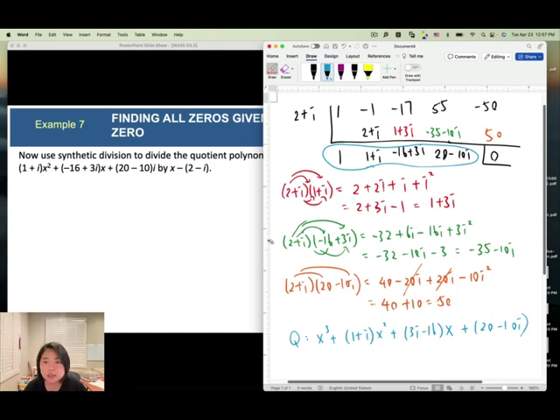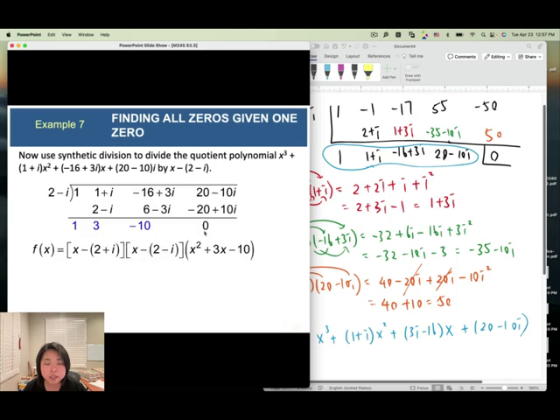Okay, you're going to do the same thing here. Okay, you're going to get the 0 also. So you factor out, you do have a first factor x minus parenthesis 2 plus i and x minus parenthesis 2 minus i here. And then this guy, that will be the quotient, x squared plus 3x minus 10. Okay, now we're going to use the x method, factor out this guy.